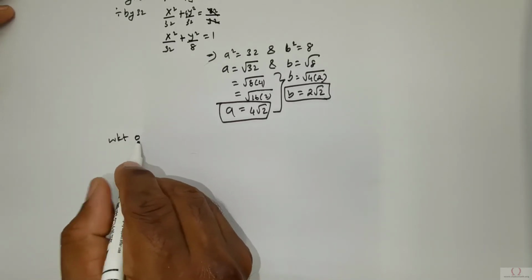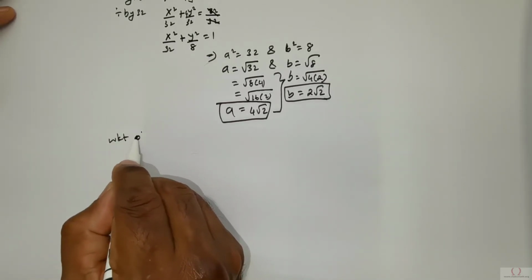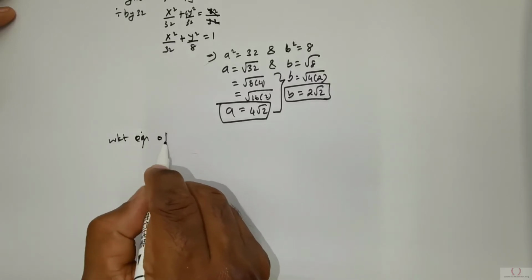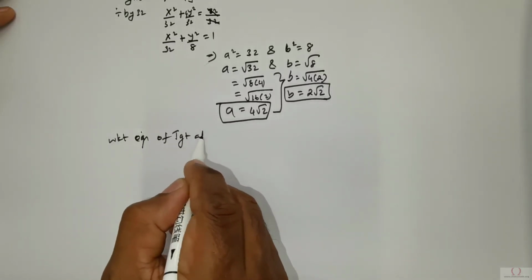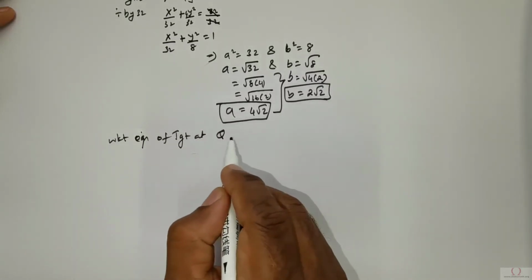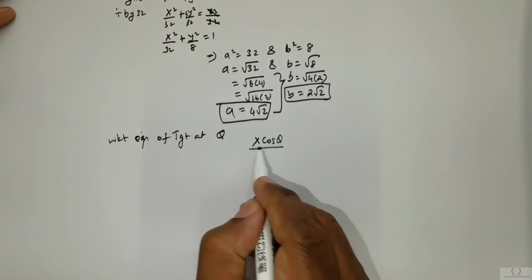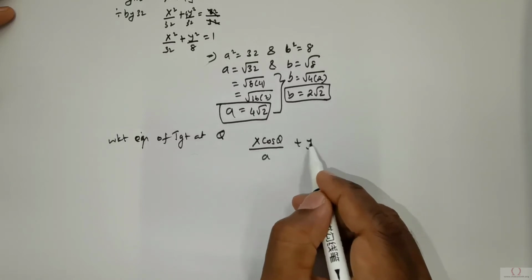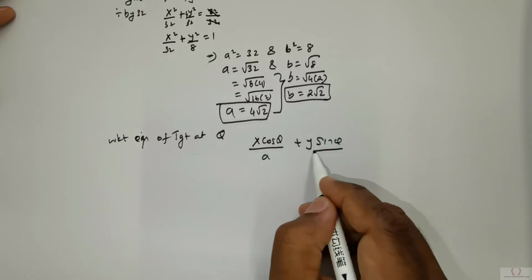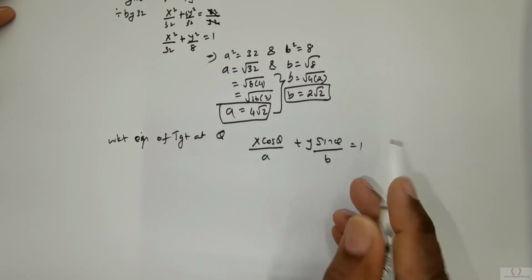So now we know the equation. We know that the equation of the tangent at any point θ is given as x cos θ divided by a + y sin θ divided by b = 1.